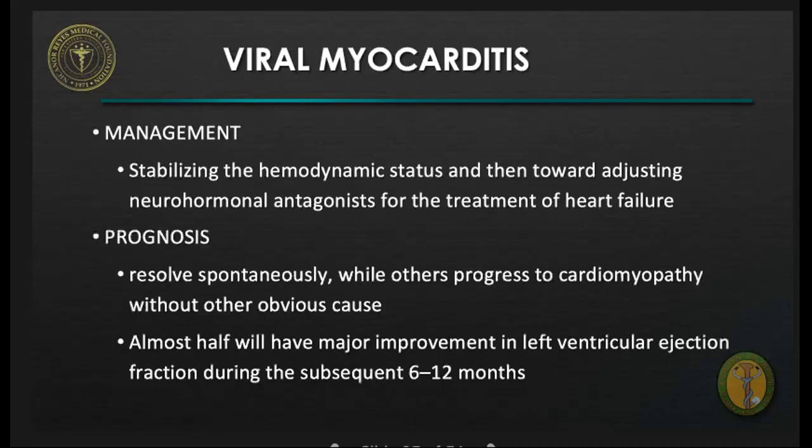So for the prognosis, it resolves spontaneously while others progress to cardiomyopathy without other obvious cause. Almost half will have major improvement in left ventricular ejection fraction during the subsequent 6 to 12 months.